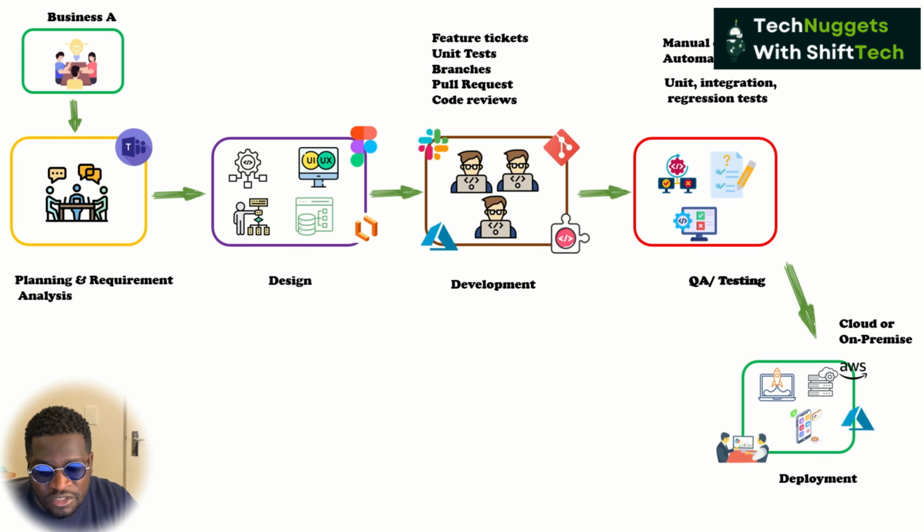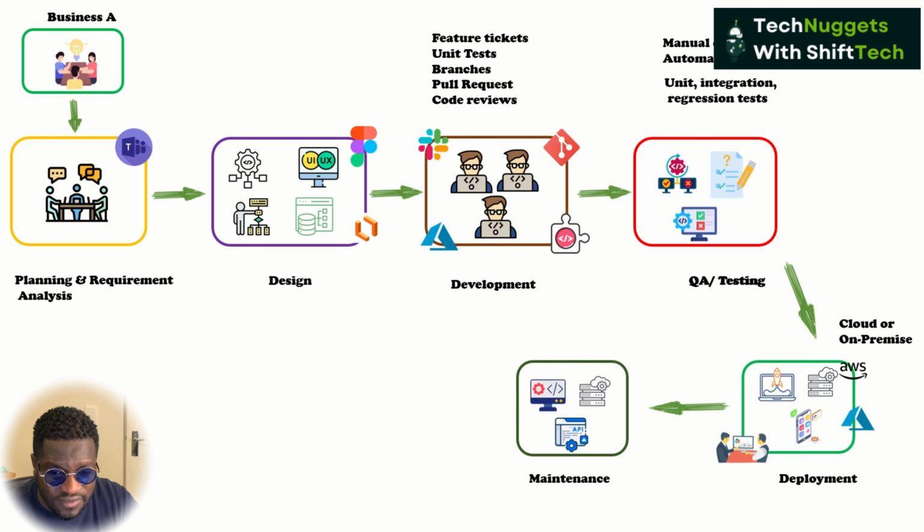Now that everything is online, we have pushed to production, right? Our system is now being used by the business A and its people and its clients as well. Now it's time for maintenance, right? We can't just finish development, we deploy, then we leave it there, right? We need to maintain a good relationship with our business A, so we need to be in the maintenance mode.